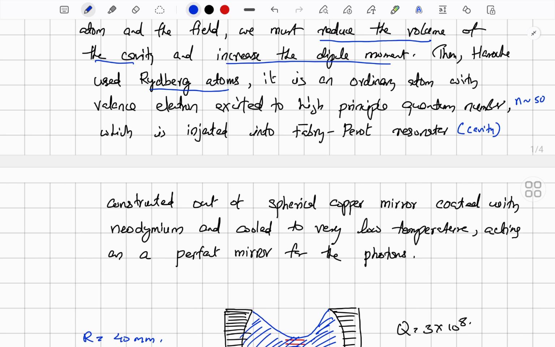These mirrors are made of copper, coated with niobium, and cooled to a very low temperature in the range of 1 Kelvin. Therefore it acts as a perfect reflector for the photons.